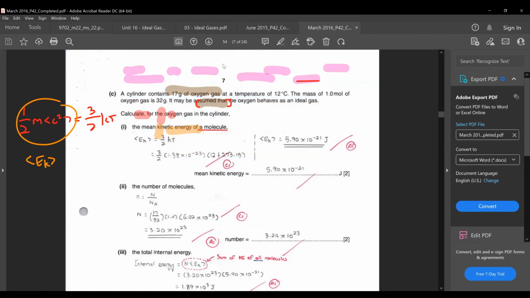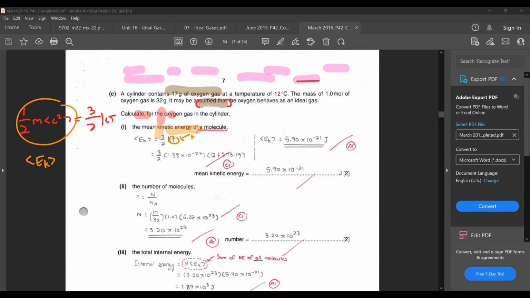The other thing you need to be careful about, as I mentioned, is that T must be in Kelvin. So if your case here is 12 degrees centigrade, you need to change to Kelvin, which means you need to add 273.15 Kelvin.